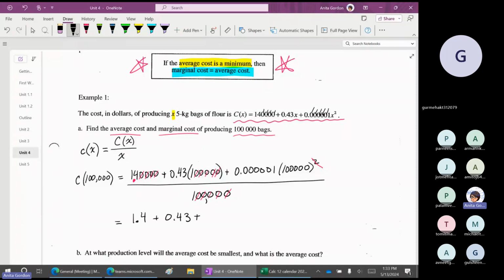Not quite. This one has 6 zeros, so 0.1. Did I miscount? There's 5 zeros. So it cancels out all the zeros, but it moves to here. Yeah, it's 0.1. That's what I said.